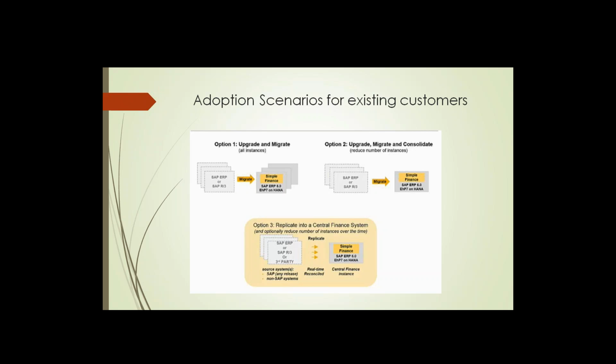You are keeping a separate copy of Simple Finance while performing the transactions on the same landscape that you are using currently. So even if you are using a non-SAP system, you will perform the transaction and through iDocs, you will send the documents to the Simple Finance instance.